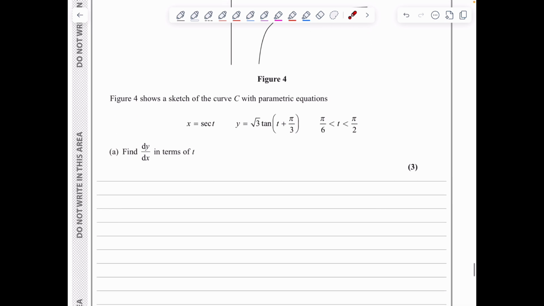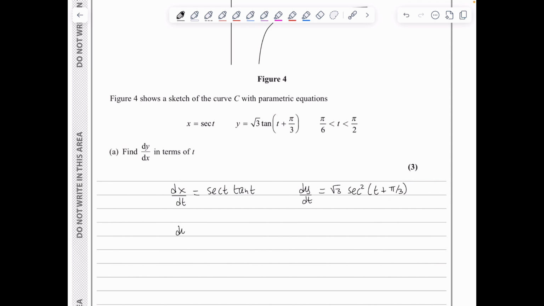So I will start with dx/dt, so I will get expressions for dx/dt and dy/dt. So dx/dt, the derivative of sec t is sec t tan t, whereas for dy/dt, if I differentiate the tan, I get sec squared, so we're looking at root 3 sec squared of (t plus pi over 3).